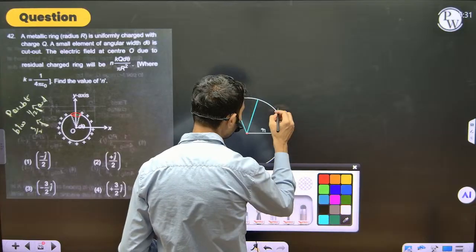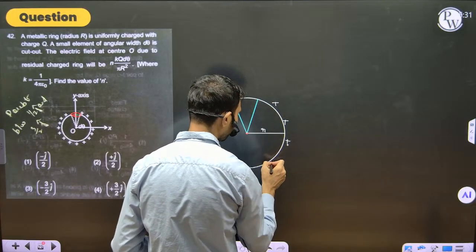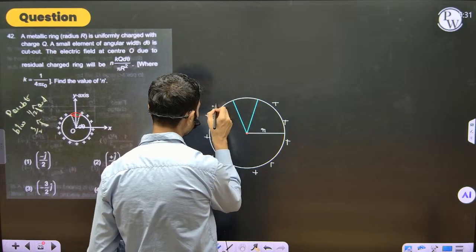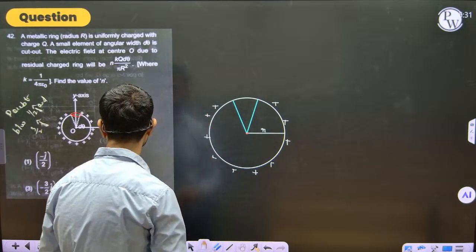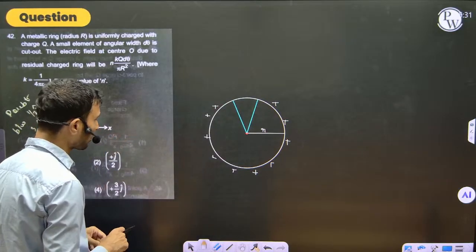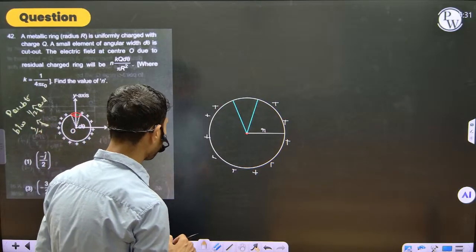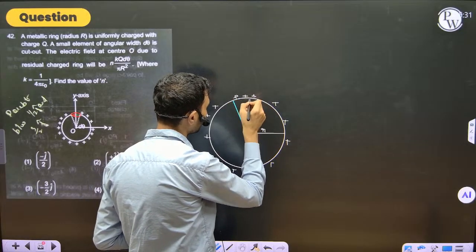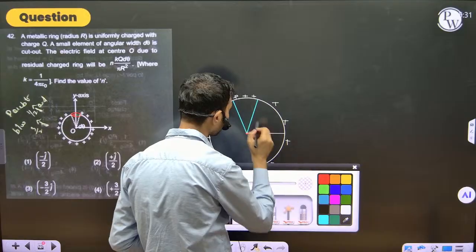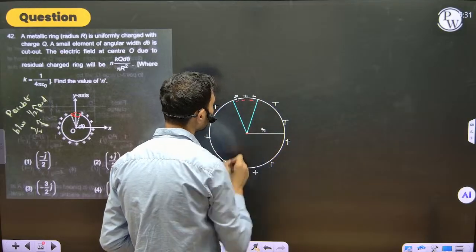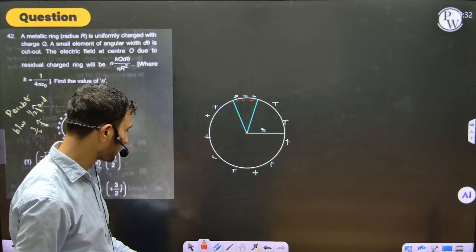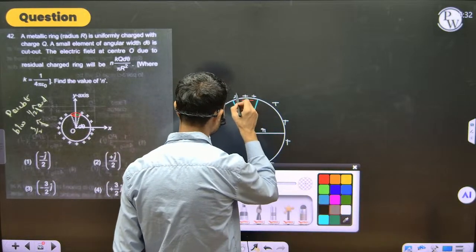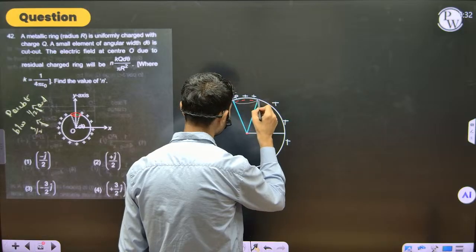So exactly that is what is happening here also. The rest of the ring is positive anyway, there is no doubt about that. But this remaining portion has how much charge? Plus and minus both. Together plus and minus becomes 0.